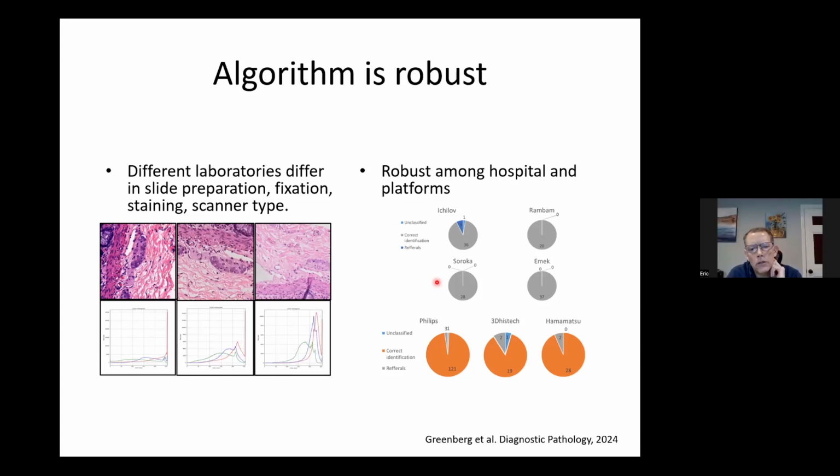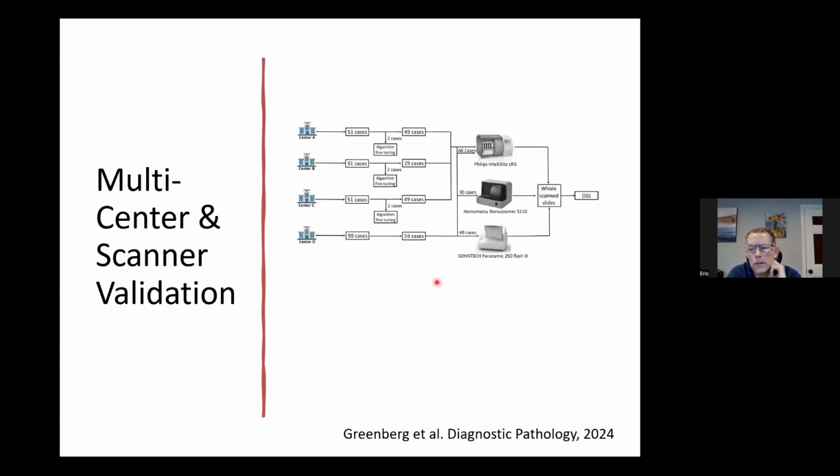So if we go back one slide, I just want to make sure I understand the samples coming. So Center A, there were 51 cases that were captured, right? And two of them were HD positive diagnoses. Is that how? No. Okay. Two cases were sent for algorithm fine tuning. Yes.